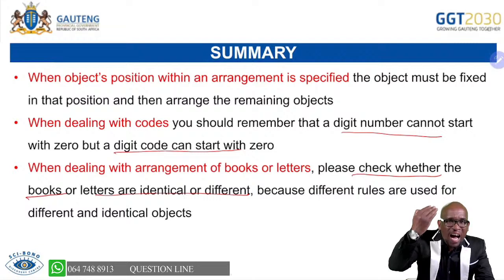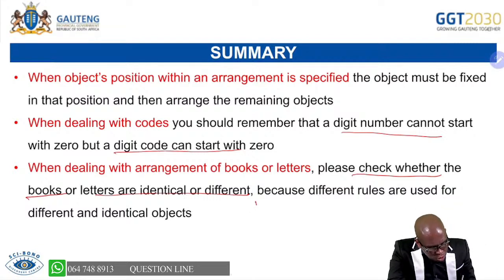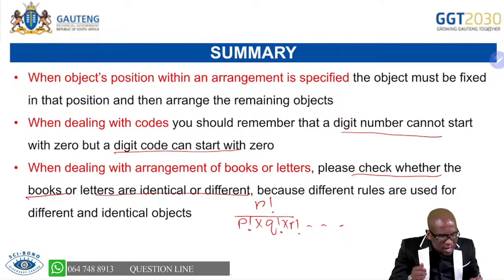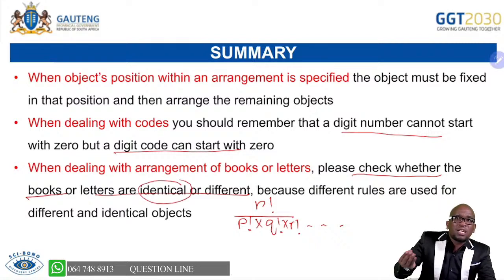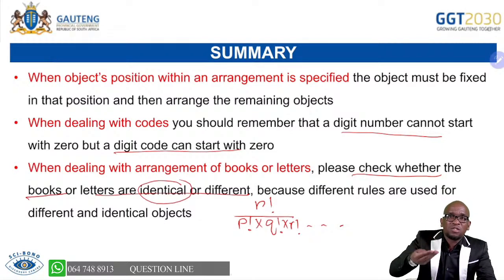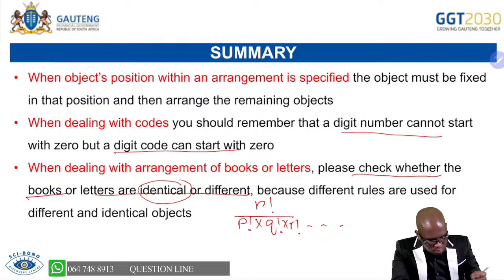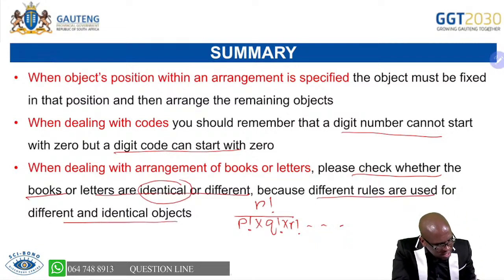Remember, if they are identical, then we'll use n factorial divided by what? P factorial times Q factorial times R factorial and so on. That is if they are identical, so that we do not count the same arrangements twice, because the rules that are used are different.